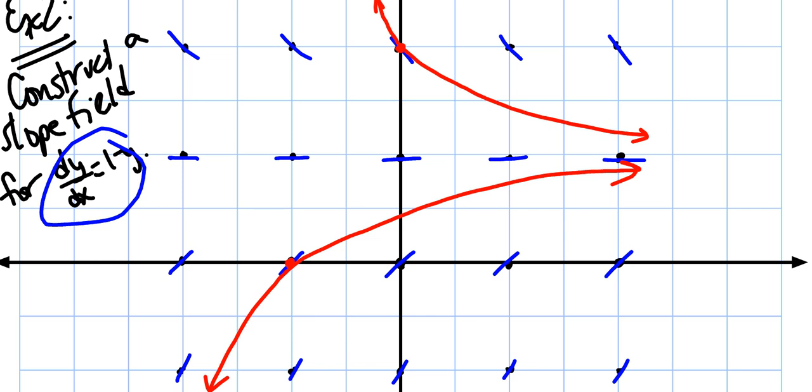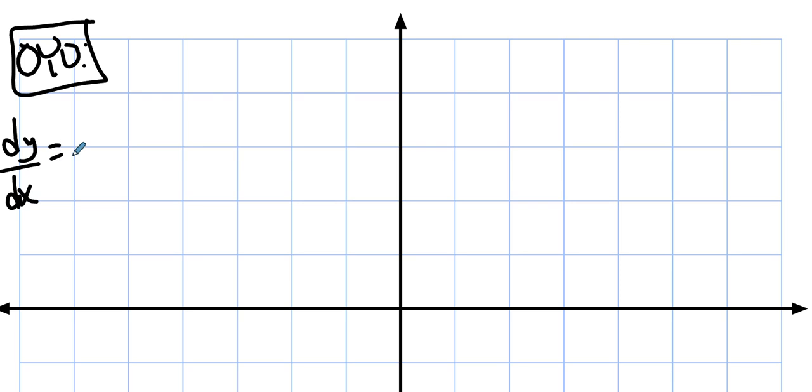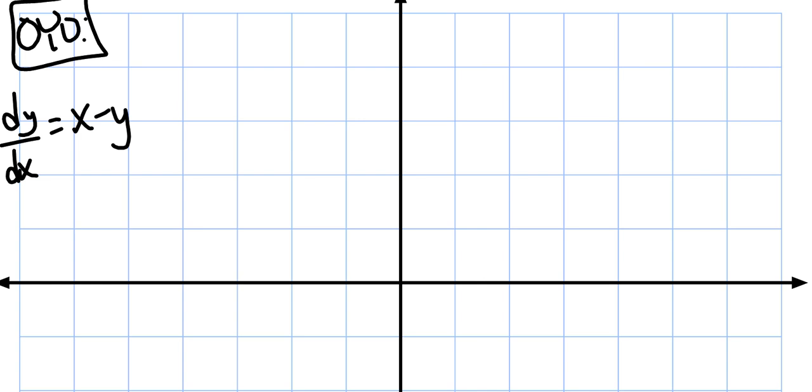A thing that you can do on your own is generate a slope field for dy/dx equals x minus y. Now, x minus y is a tricky one, because you can't just generalize and say, for this x value it's this, or for this y value it's that.